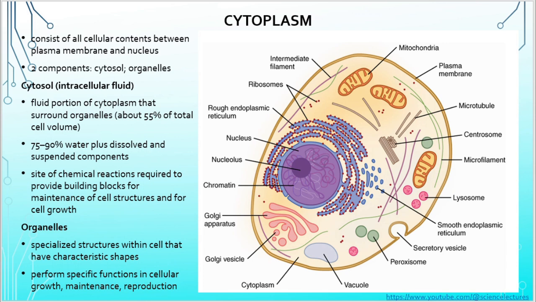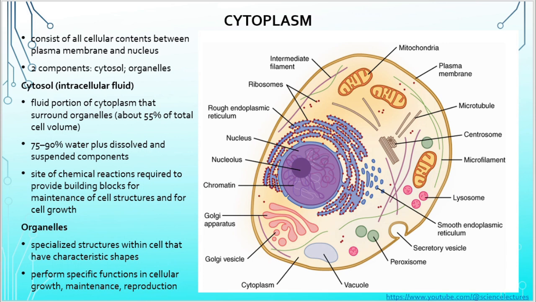Although it varies in composition and consistency from one part of the cell to another, the cytosol is about 75 to 90% water, along with various dissolved and suspended components. Among these are the different types of ions, glucose, amino acids, fatty acids, proteins, lipids, ATP, and waste products, all suspended in the cytosol.